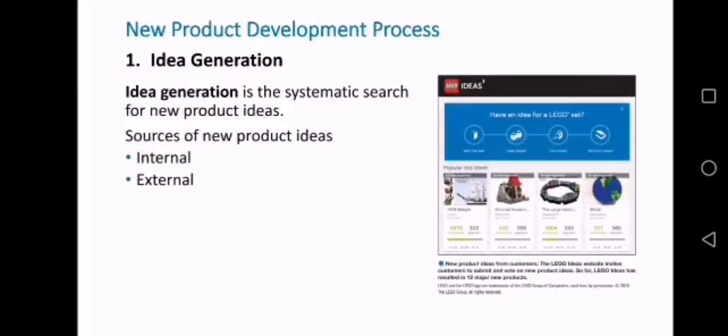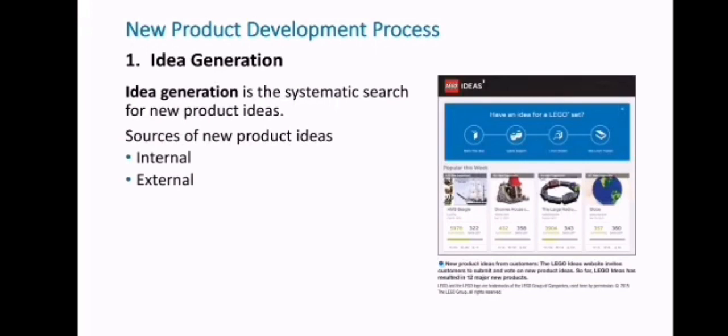Idea generation is the first step in the new product development process. Sources of new product ideas may come from internal or external. Using internal sources, the company can find new ideas through formal R&D. However, only 33% of companies surveyed rated traditional R&D as a leading source of innovation ideas.